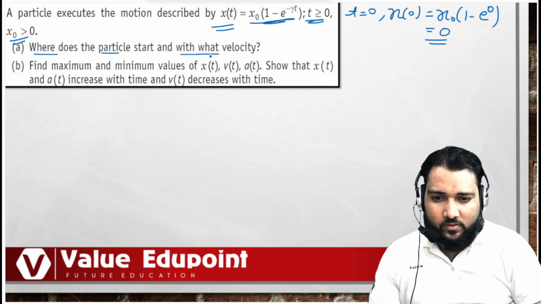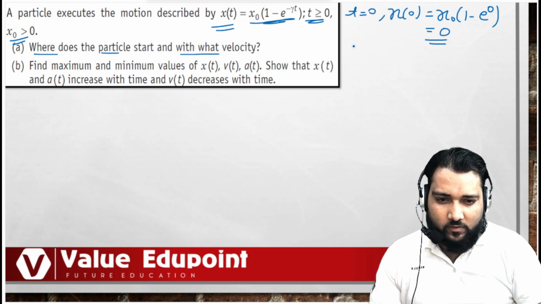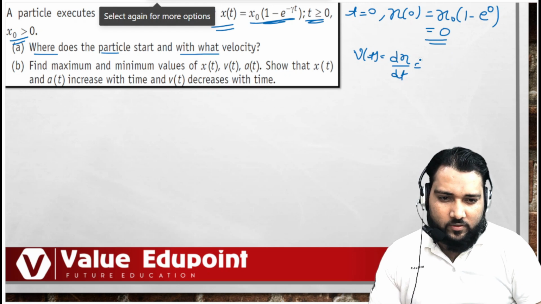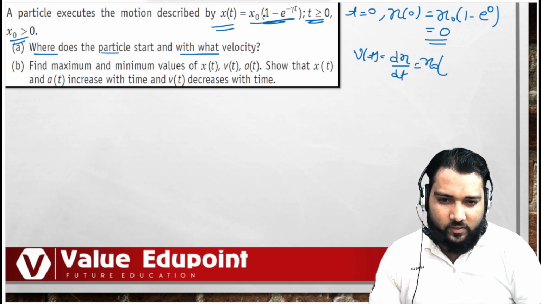And the second part of this question: with what velocity? To calculate the velocity, we have to differentiate this. So v(t) will be the differentiation of this function, dx by dt. This comes out to be x naught times 1; x naught is a constant, and the differentiation of 1 is 0.